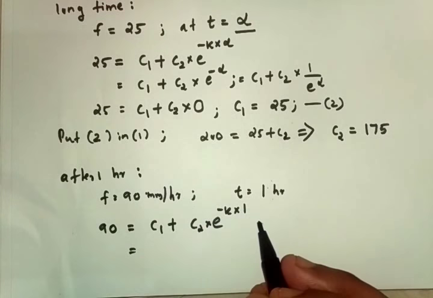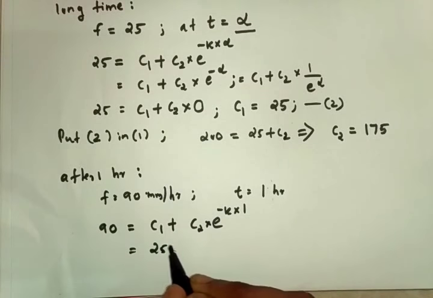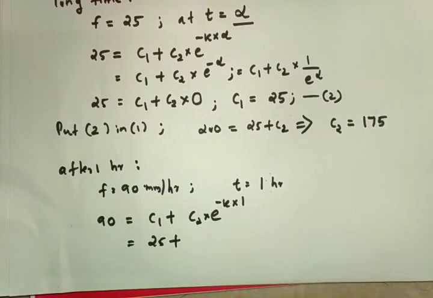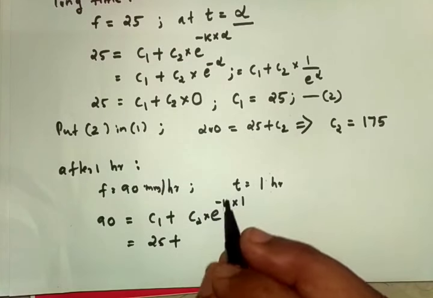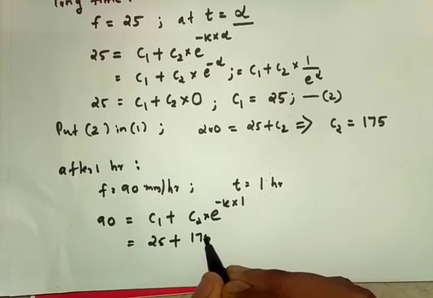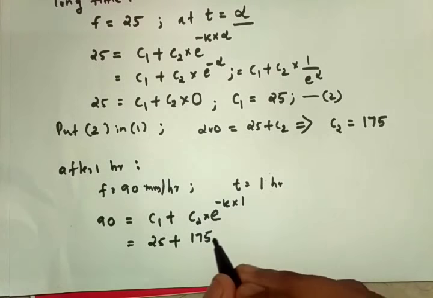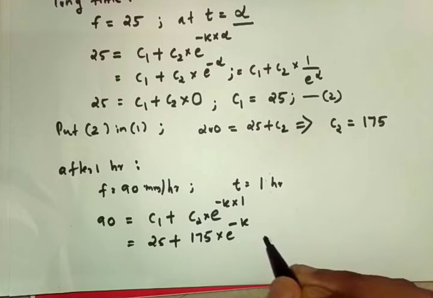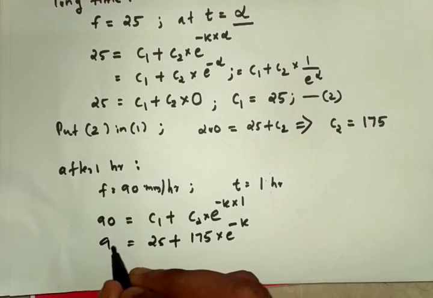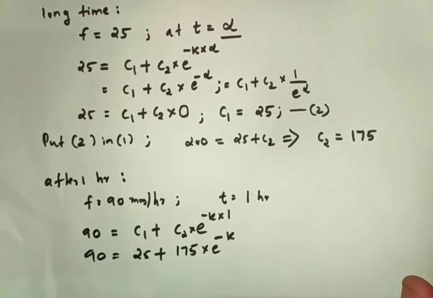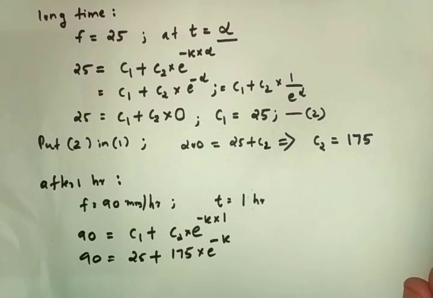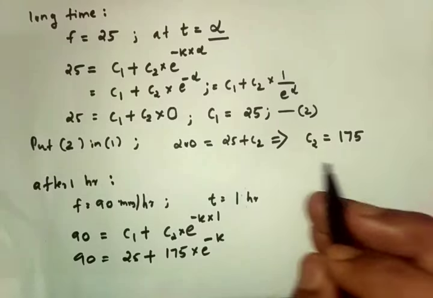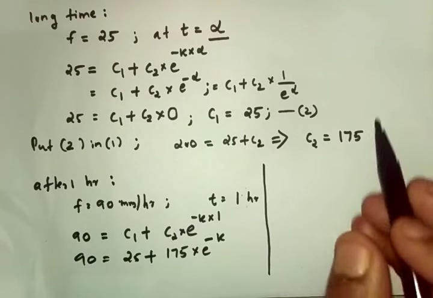C1 we have already found is 25 and C2 is 175, so 90 = 25 + 175 e^(-k). We will solve for the value.